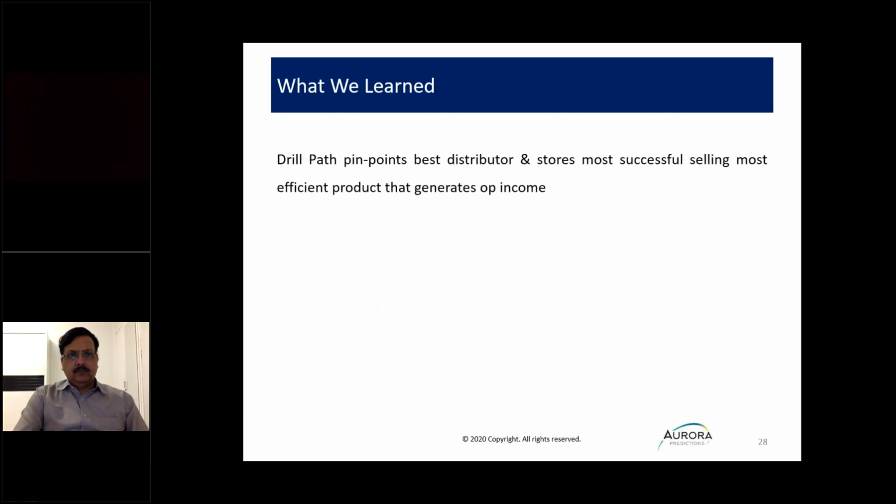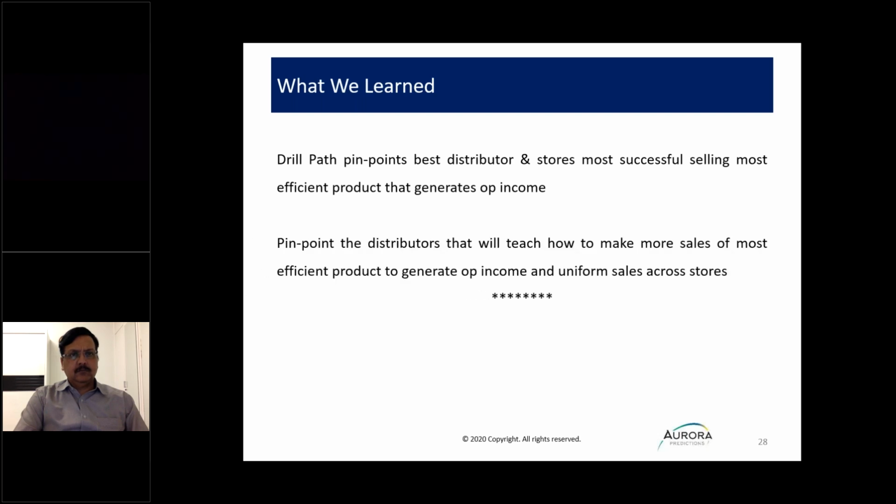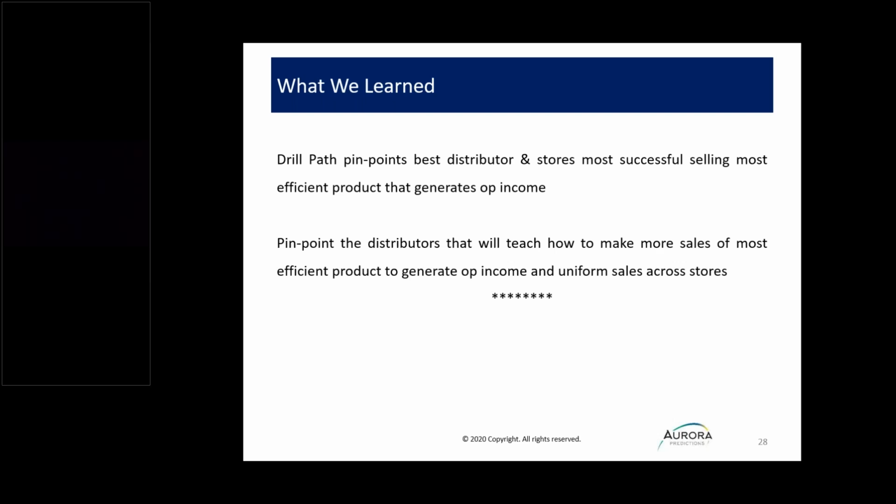Well, we learned the drill path that found the best distributor and the best stores that are most successful in selling the most efficient products. We also were able to find distributors that will teach us how to make more sales of the most efficient product to generate operating income, and those that will help us make it more uniform across all stores.